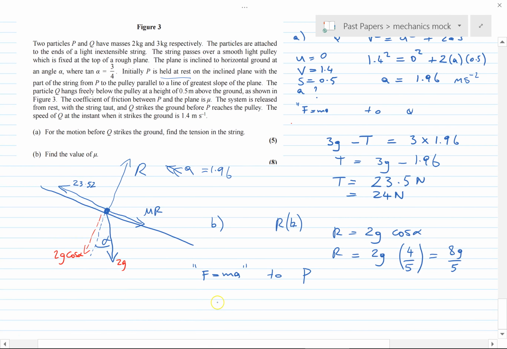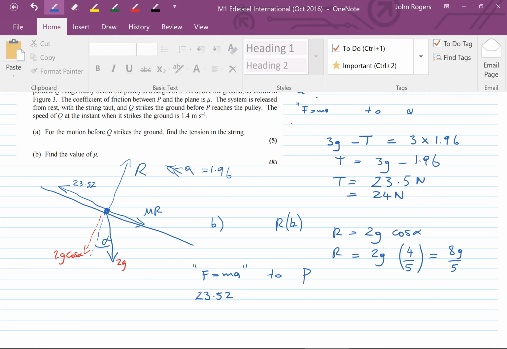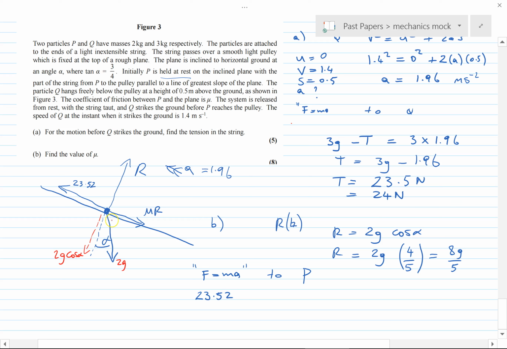So we've got the forces upwards, which is the tension, this force, 23.52, take away the component of the weight. Surprising a number of people forget to put the component of the weight in. And that's obviously 2g sine alpha.